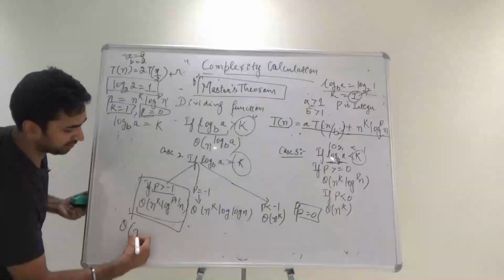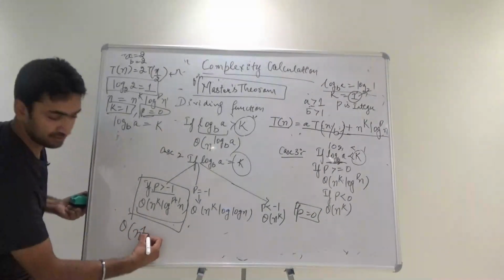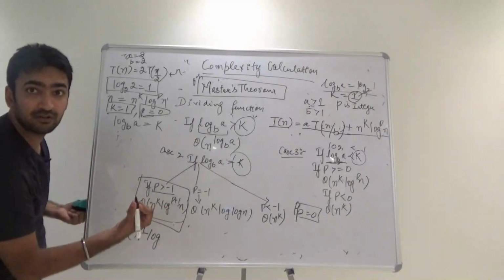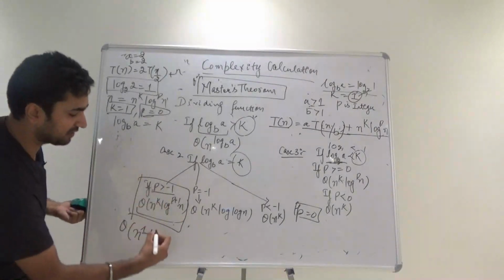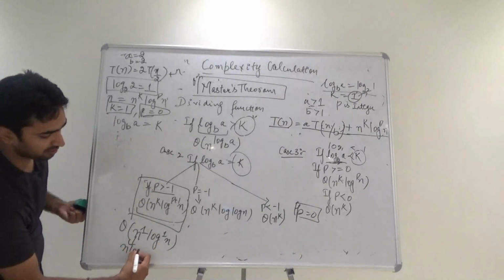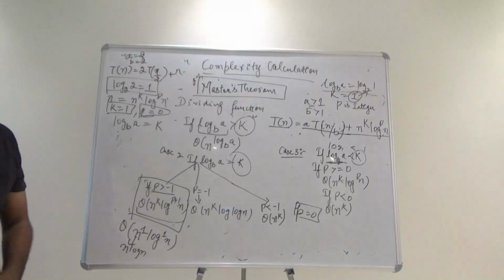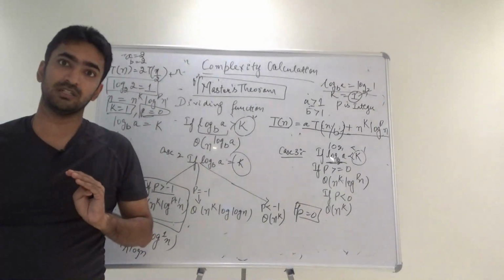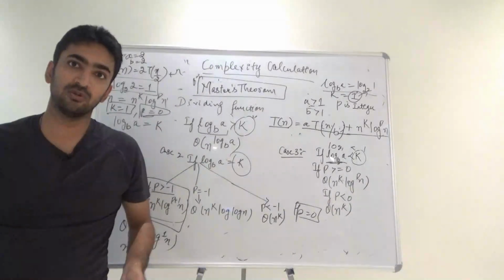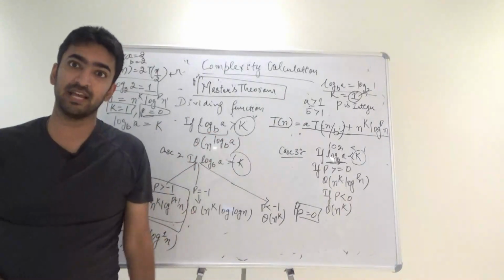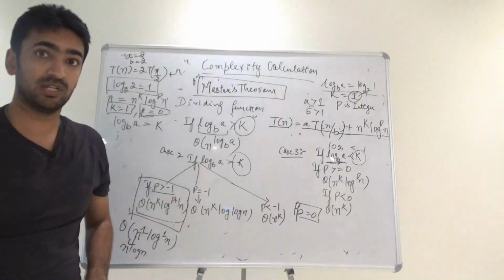The complexity would be order of n raised to power k, which is 1, times log of n raised to p plus 1, which is 0 plus 1, meaning log to the power 1 of n. So the answer is n log n. This is n log n, which is calculated in various cases of merge sort also. So that is the recurrence relation of 2T(n/2) plus n for that particular scenario as well.